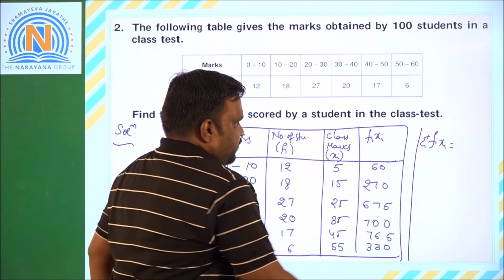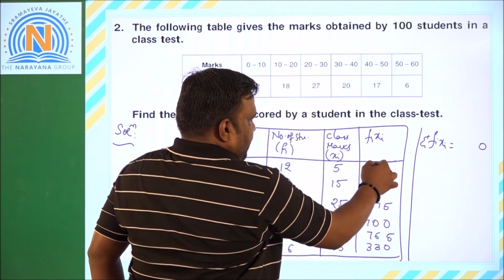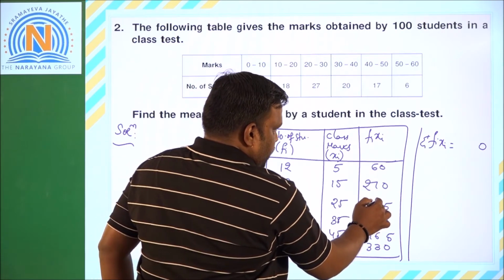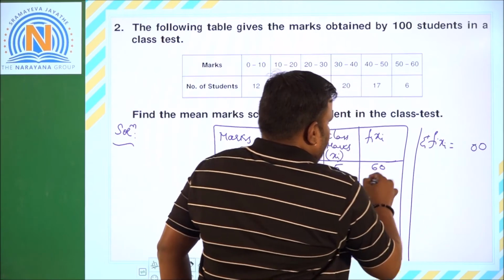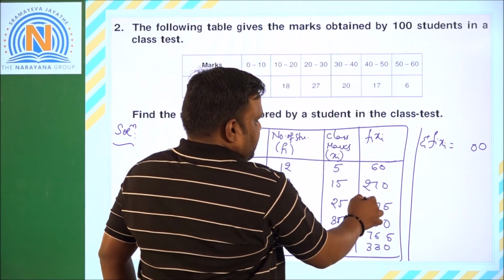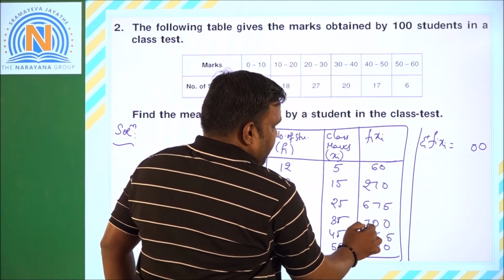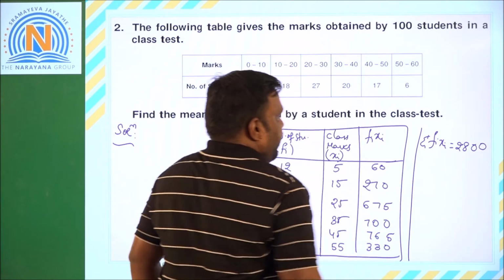So the last digit is 0, then 10 and so on, carrying over: 6 plus 1, 7 plus 1, 14 plus 7, 21 plus 6, 27 plus 3, 30, and 3 plus 2, 5, 5 plus 6, 11 plus 7, 18 plus 7, 25 plus 3, 28. So sigma Fi Xi you got as 2800.